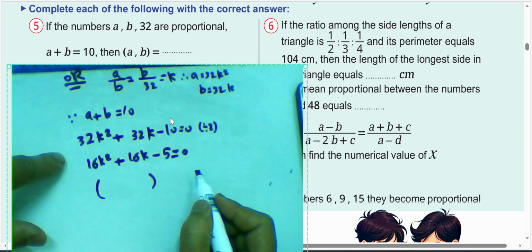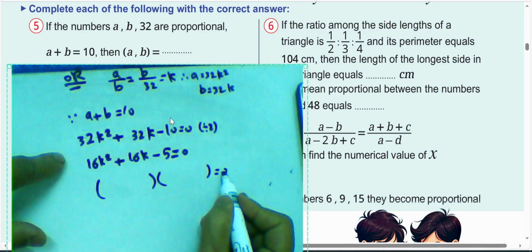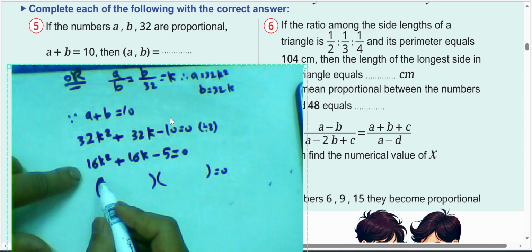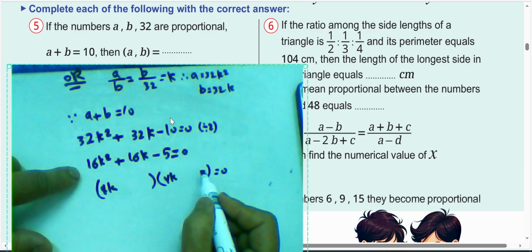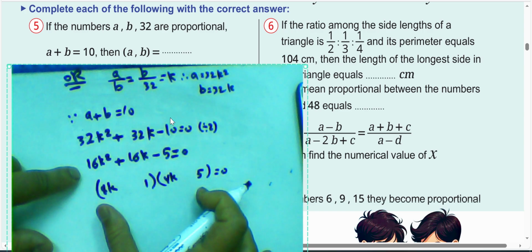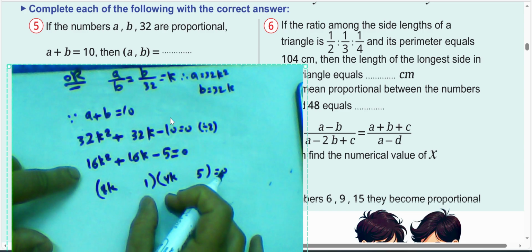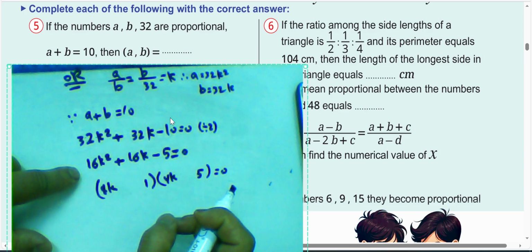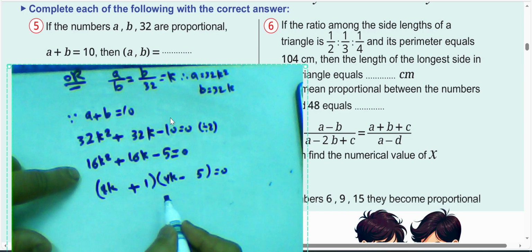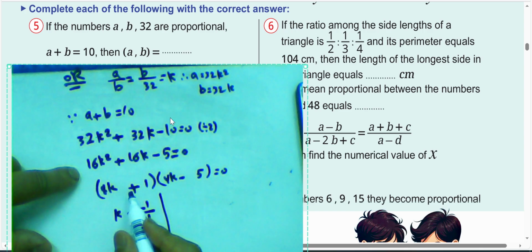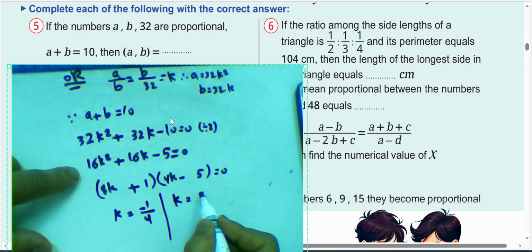Now we can factorize the expression: 4k and 4k, 1 and 5, the product of extremes equals 20, and 20 minus 4 equals 16. The greater 20 will be positive and here negative. The value of k is negative 1 over 4, or k equals 5 over 4.